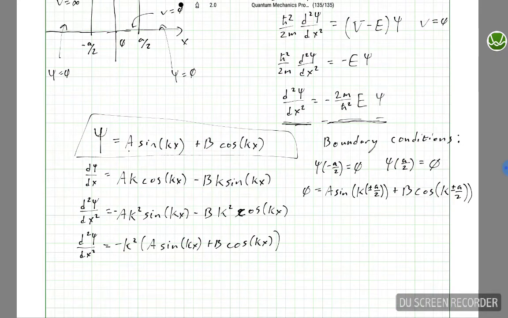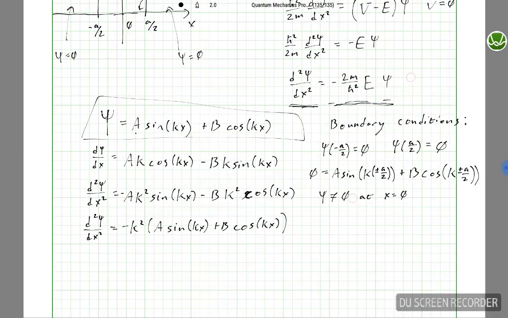Now one thing that we do know is that psi is not 0 at x equals 0, because that's the middle of our well. Here, I know that there isn't a condition of sine that leads to that.